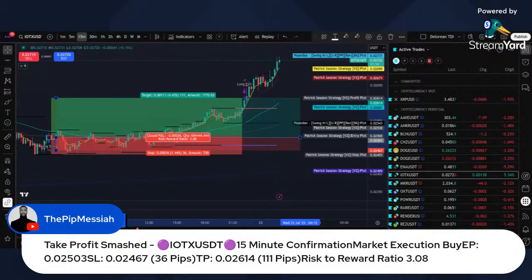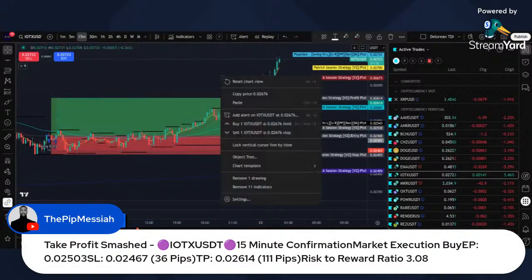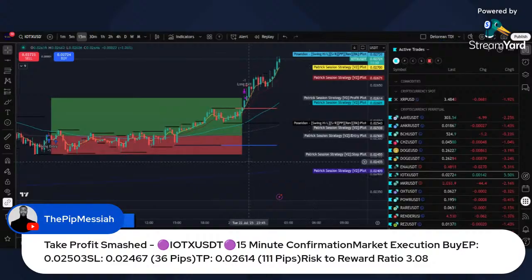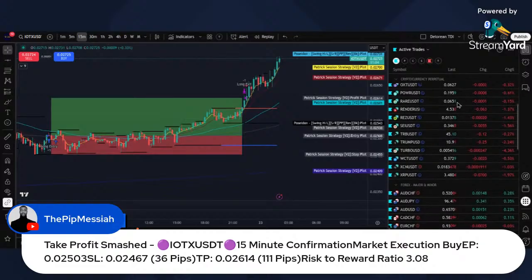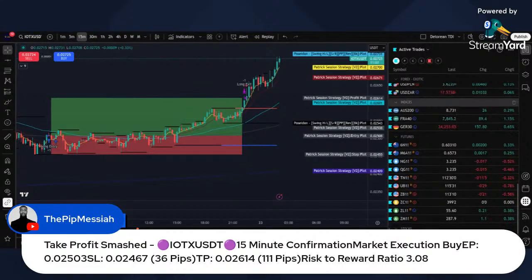StreamYard is tripping on me. So that's IOTX USDT. It's going to be a take profit smash for 111 pips. Called this trade out at 1:30 in the morning yesterday during the live. So congratulations for those of you who took the trade.